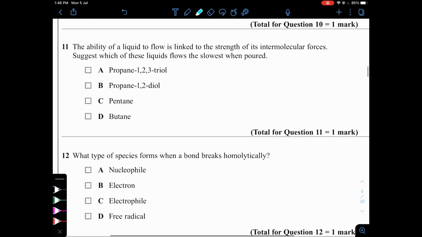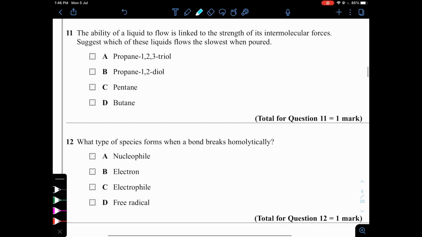Okay. The ability of a liquid to flow is linked to the strength of its IMF. Suggest which of these liquids flows the slowest when poured. Let's see what this would be. So this is butane, so let's draw them: 1, 2, 3, 4. That is pentane: 1, 2, 3, 4, 5.